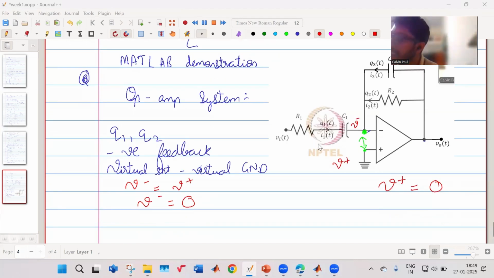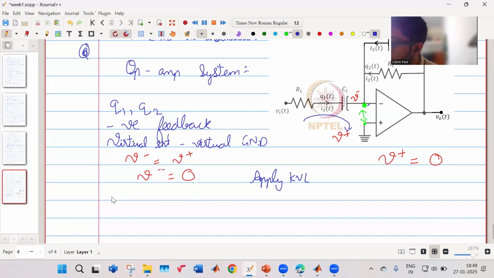And then sir has written the equations, that you can apply KVL here. So he applies KVL and gets Vi of t minus I1 into R1 minus 1 by C1 integration of I1 dt is equal to 0.